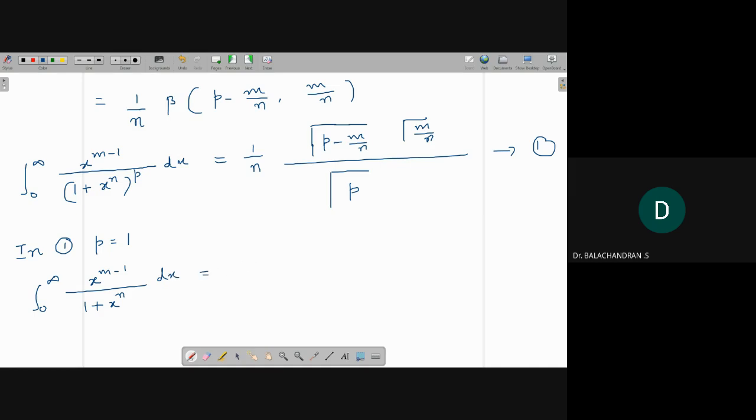So this is equal to 1 by n, gamma of 1 minus m by n into gamma of m by n. This is gamma of 1. Okay, gamma of 1 is 1. There is no need to write again.